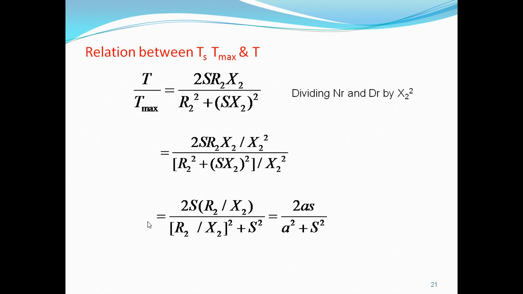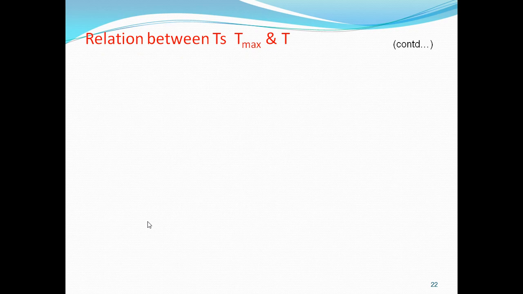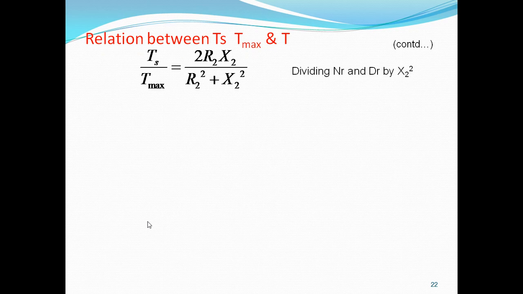He will give it for problems. Next, the relation between starting torque and maximum torque: 2 R2 X2 by R2 square plus X2 square. Divide numerator and denominator by X2 square.